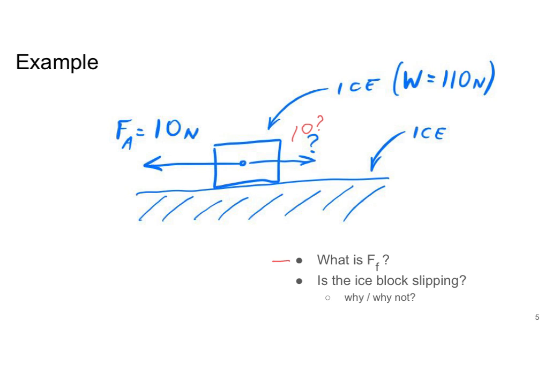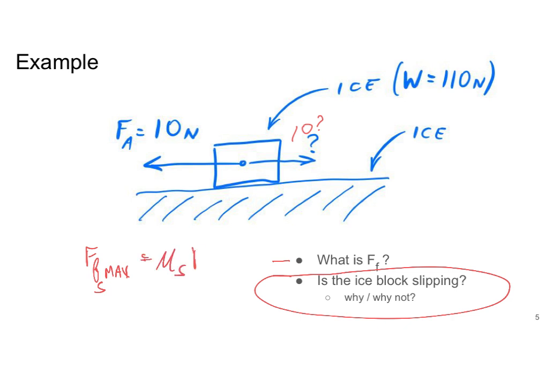So let's do that. Is the ice block slipping? I don't know. But we can say that the force of friction max, that's static friction. Boy, we have a lot of subscripts there. Force of static friction maximum is going to be equal to mu sub s times F sub n.